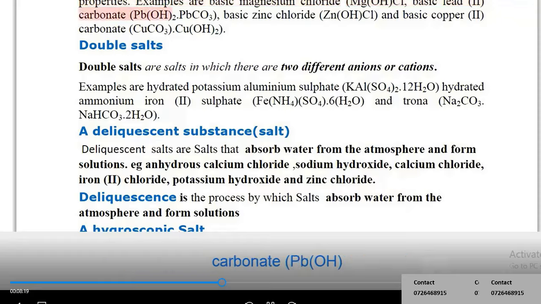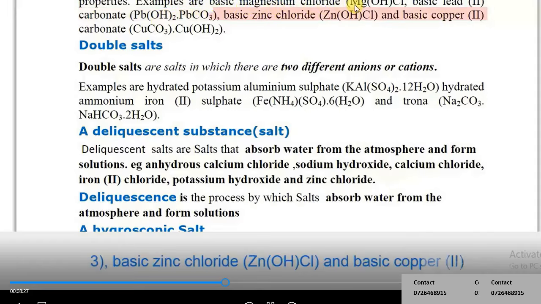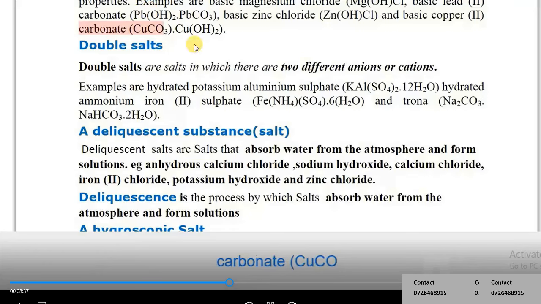It is the presence of hydroxyl ions in these salts that is responsible for the basicity properties. Examples of these are basic magnesium chloride, basic lead 2 carbonate, basic zinc chloride. These ones are basic. They contain hydroxyl ions, which is responsible for the basicity.